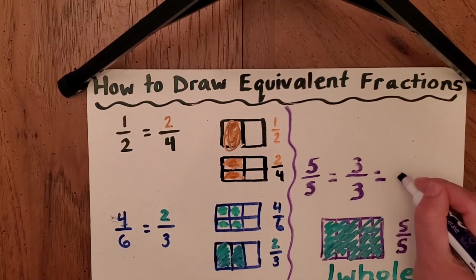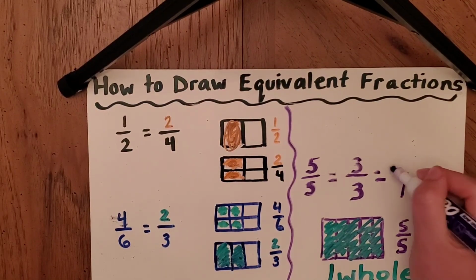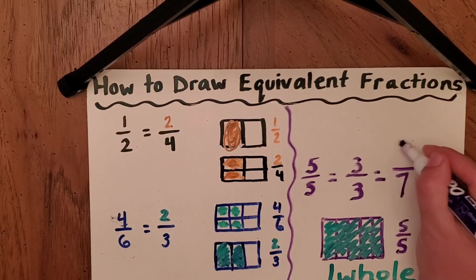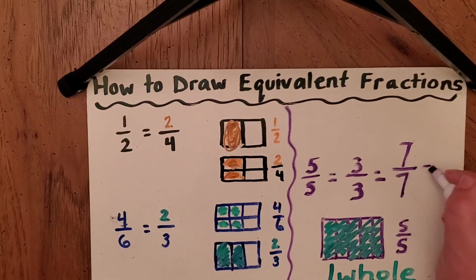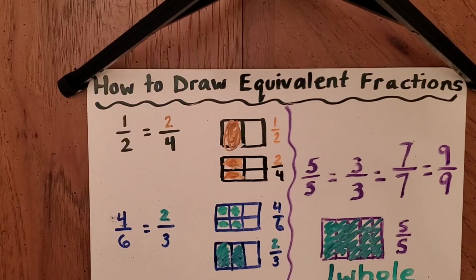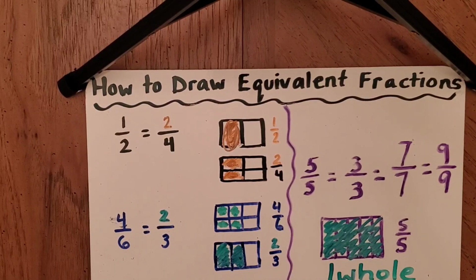What about how many 7ths would be equal to 1 whole? Yep, 7/7 would be equal to 1 whole. Can you think of any others? What about 9/9? Would that be equivalent to 1 whole? Yep. Any fraction that has the same numerator and denominator is automatically going to be equivalent to 1 whole.